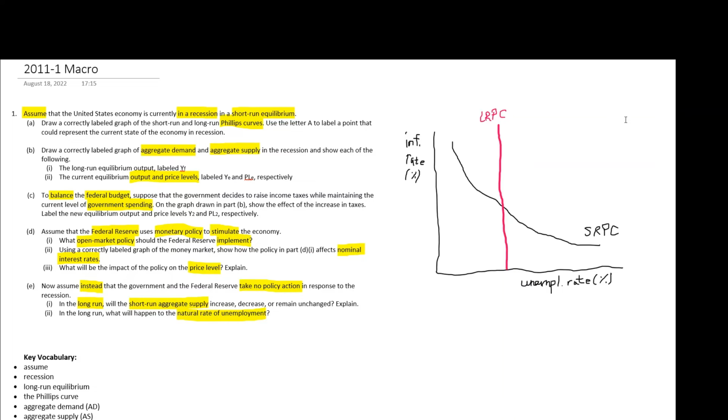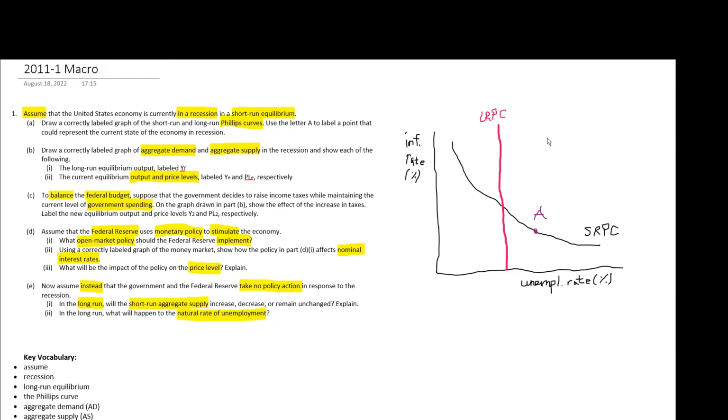You will have higher unemployment and, in theory, lower inflation. So if we draw that here, we can put that anywhere over, say, around here, and we're just going to put the letter A. And that shows us the current state of unemployment in this economy.